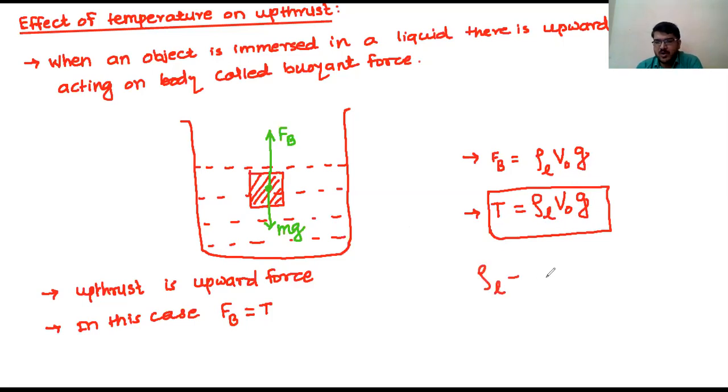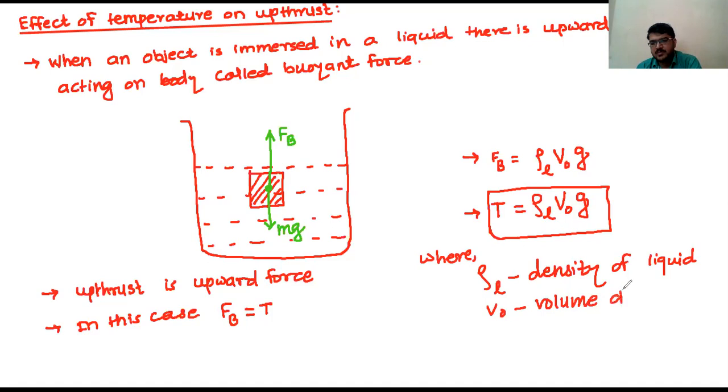Here, rho L is density of liquid, V naught is volume of object, and g is acceleration due to gravity.